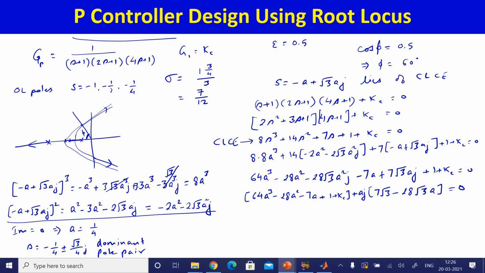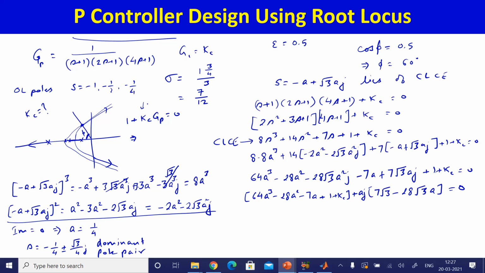At this value of s, what is the kc? Because that's what we are interested in, what should be the proportional gain. You see, what we have actually is 1 plus kc gp is equal to 0, and therefore gp, because this point lies on the root locus, gp would be a negative real number, but kc must be a positive number.